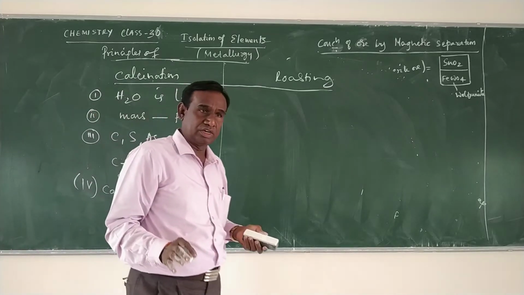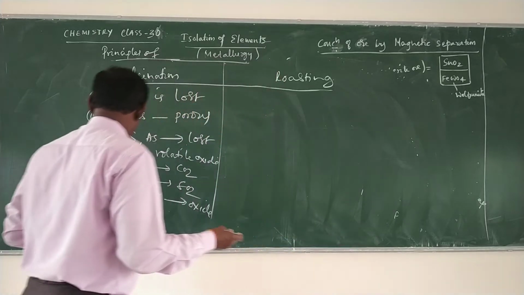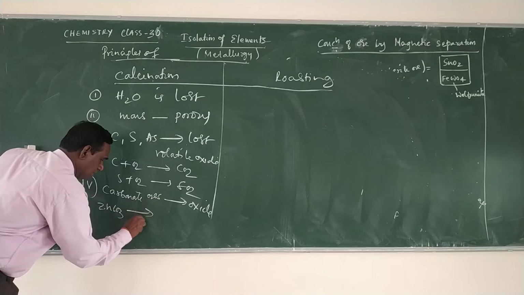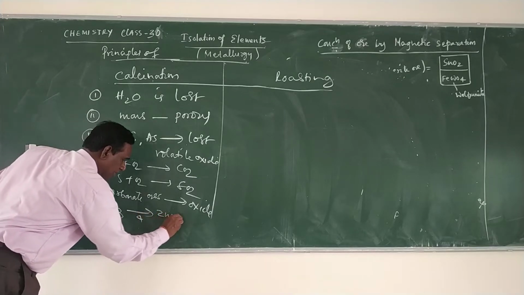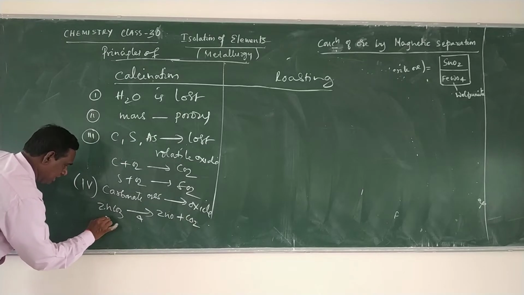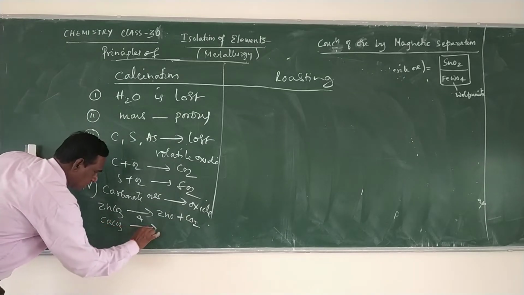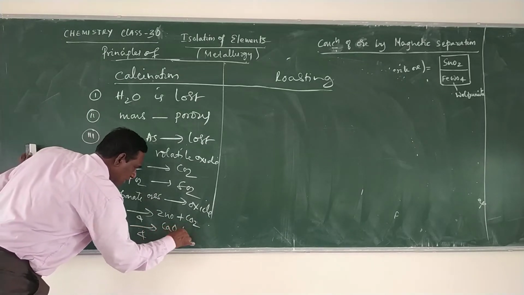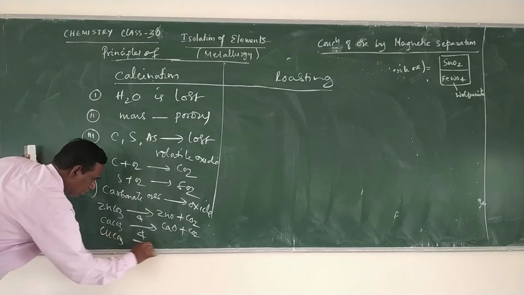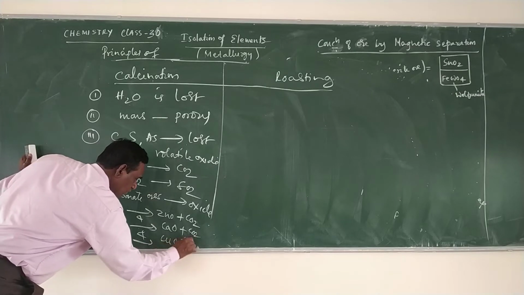For example, ZnCO3, zinc carbonate, on heating gives ZnO plus CO2. CaCO3 is converted into CaO plus CO2. CuCO3, copper carbonate, gives CuO plus CO2.